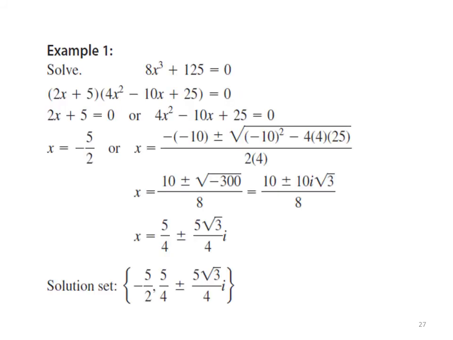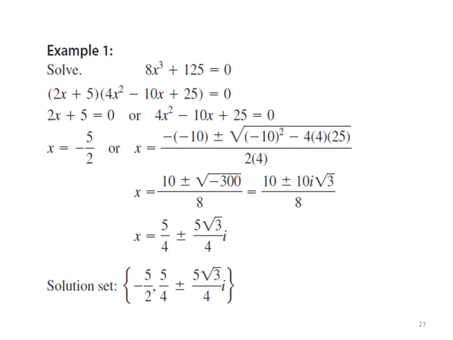Here is an example. We want to solve the equation 8x cubed plus 125 equal to 0. Now the first step is to factor the left hand side using the sum of two cubes. You can think of 8x cubed as (2x) cubed, and the first term is (2x) cubed plus 5 cubed.